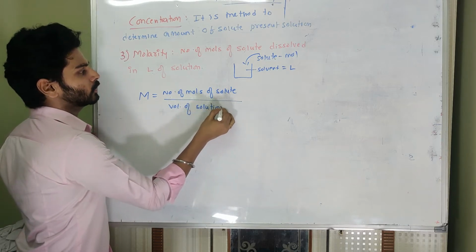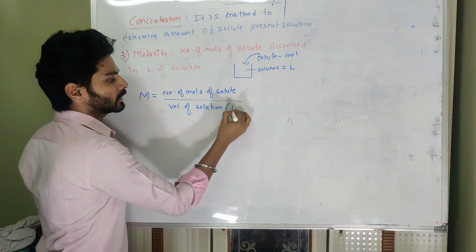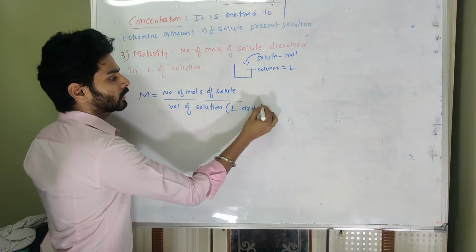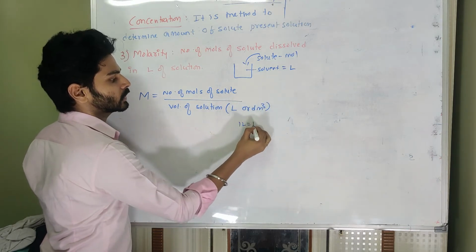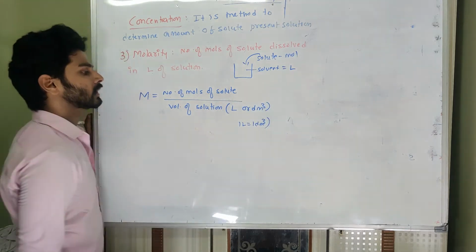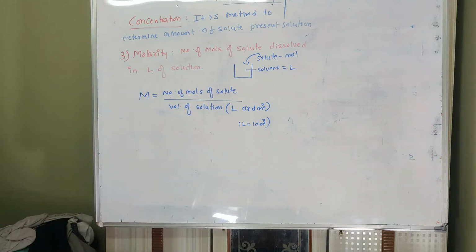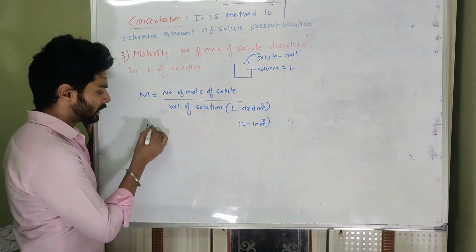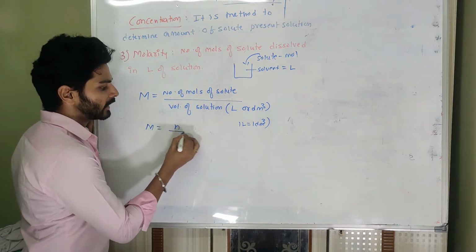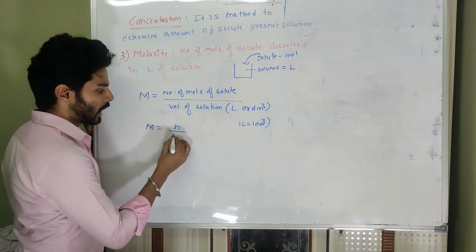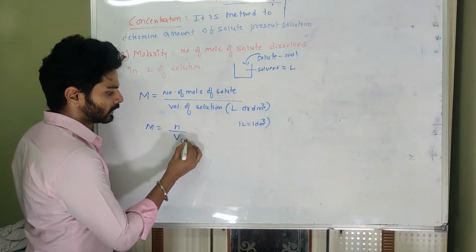This volume of solution has to be in terms of liter or dm cube. We know that 1 liter is equal to 1 dm cube, there is no difference. So volume has to be in liter, and in the numerator the number of moles of solute is written. Symbolically we can write M equals n for solute over volume in liter.